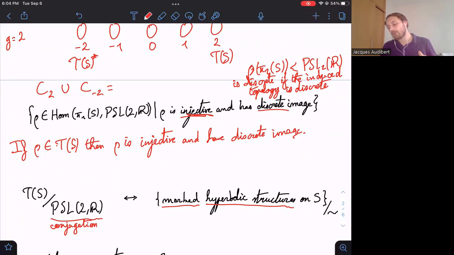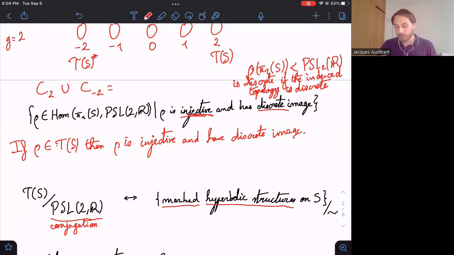So this just means that we look at hyperbolic structures on S, where we consider two the same if we can deform one into the other. This is basically a bit bigger than the space of hyperbolic structures on S.